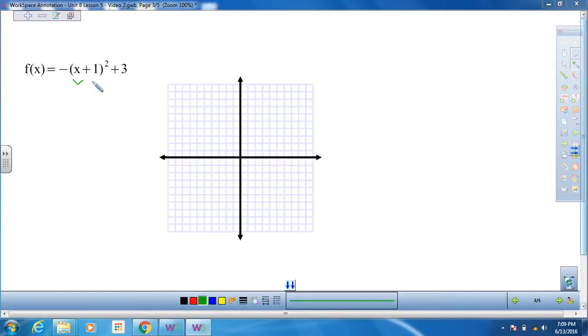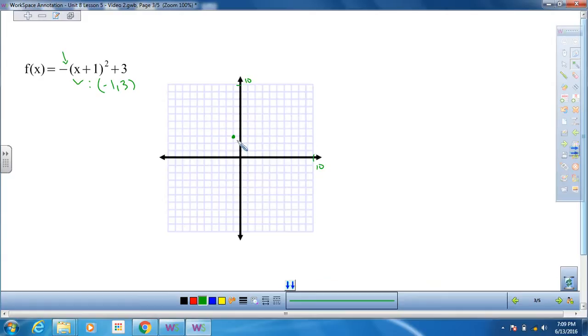So the vertex of this one is negative 1, positive 3. Remember, opposite of what's inside. I also know that there's a negative out front, so it's going to open down. So negative 1, 3.